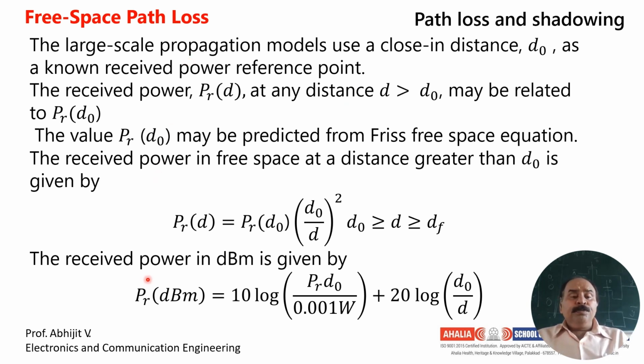The value of power received PR at the distance d naught may be predicted by the Friis free space equation.